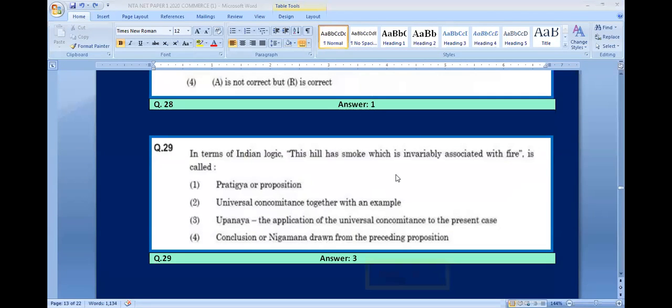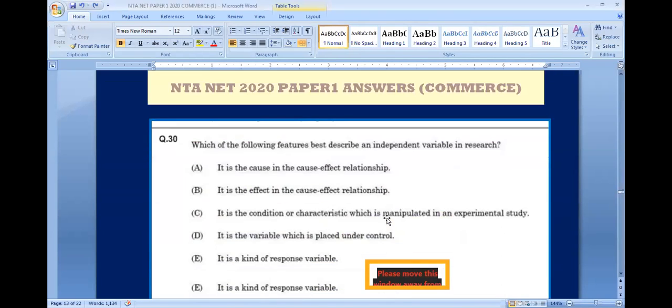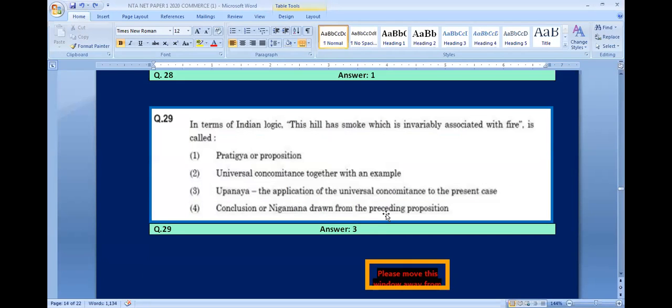In terms of Indian logic, the hill has smoke, which invariably associated with fire is called dash. Let us see the meaning. Pratigya means proposition, that means statements. Universal concomitants together with an example. Upanaya, which means application of universal concomitants to the present case.